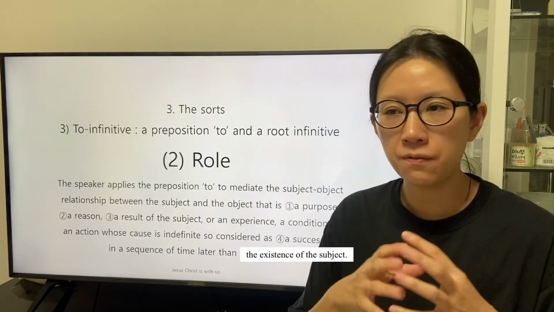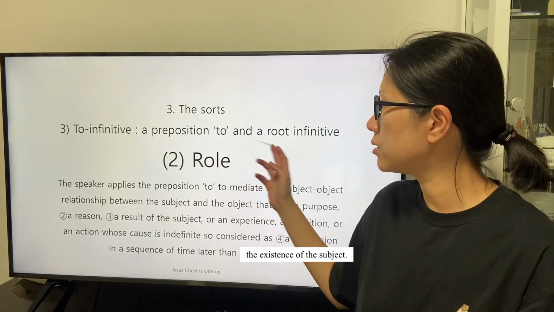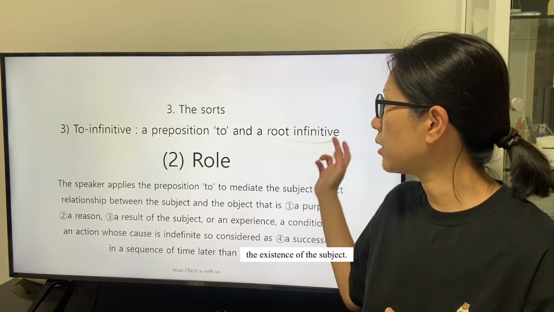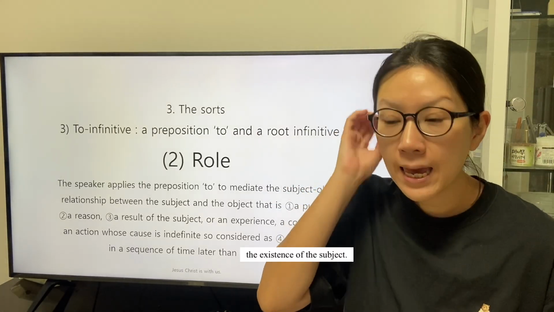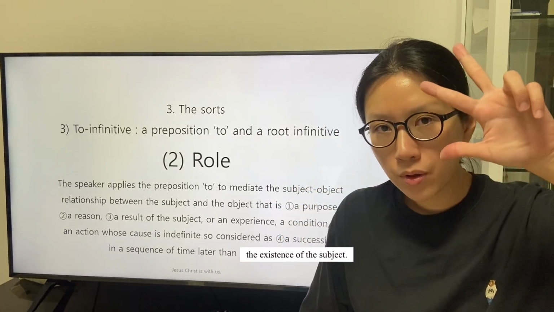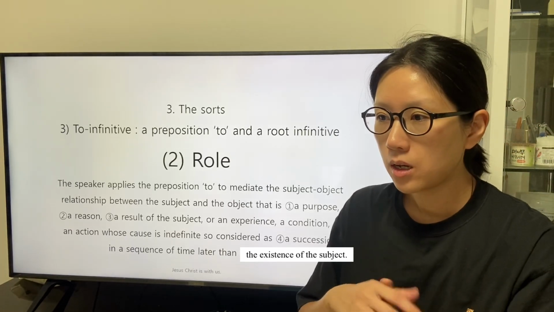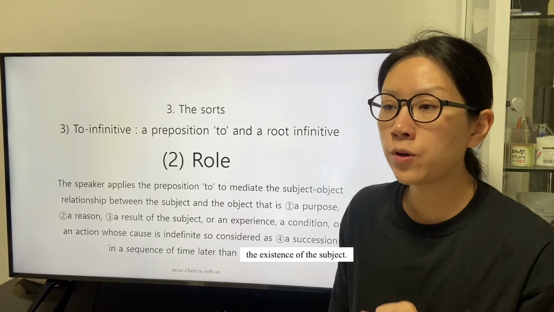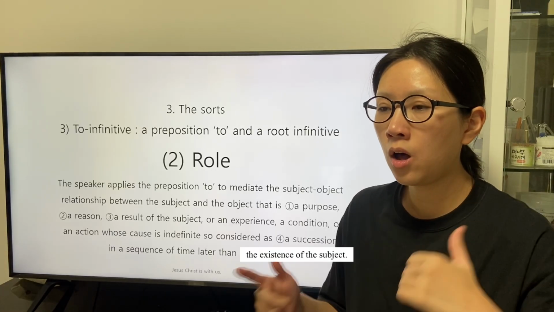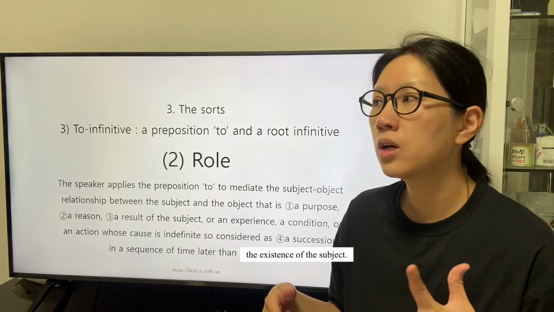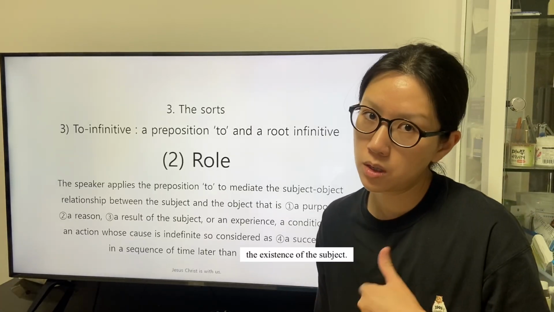The combination of the preposition to and the object of the preposition to indicated by a root infinitive can have the trait that is one of a noun, an adjective, or an adverb.